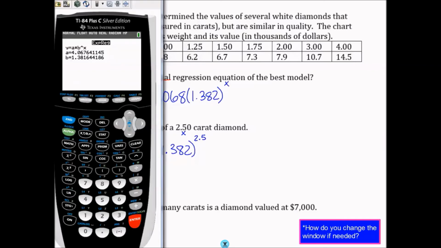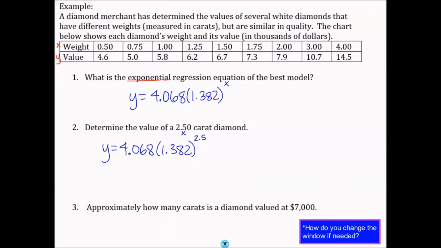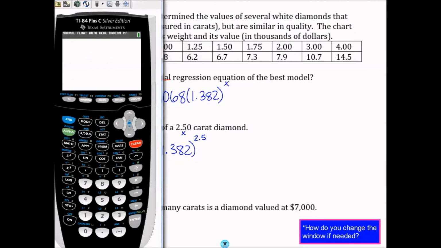So we can go back to our calculator and type in the equation. So this gives us 9.134 as our answer.